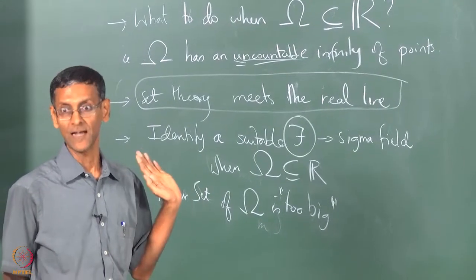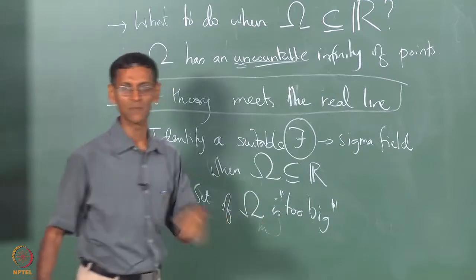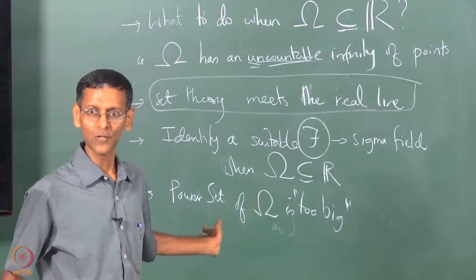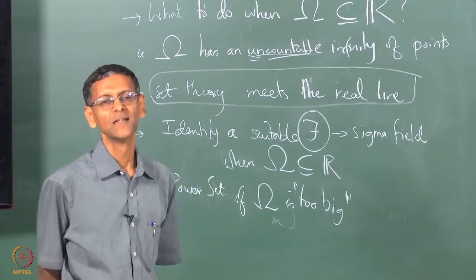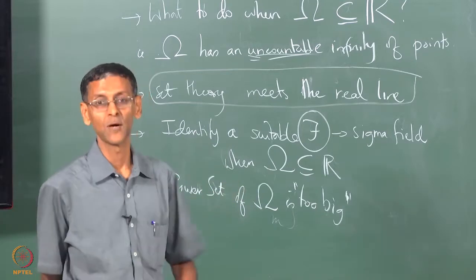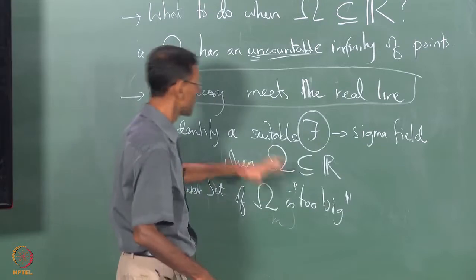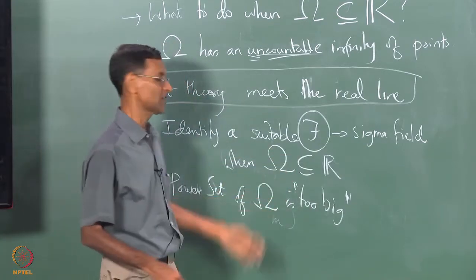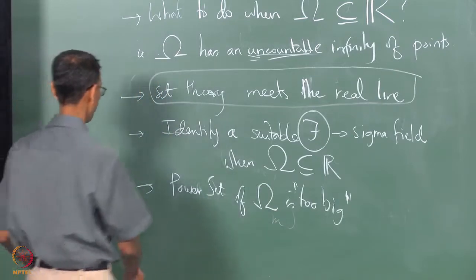So, we will have to just leave it at that. Hopefully some of you might take some courses in real analysis or measure theory. If you do that, you will encounter this statement again, and there you may encounter some more details about this. So, what everybody does is scale down from a power set, that is the set of all possible subsets of such an omega, to what is called the Borel field.